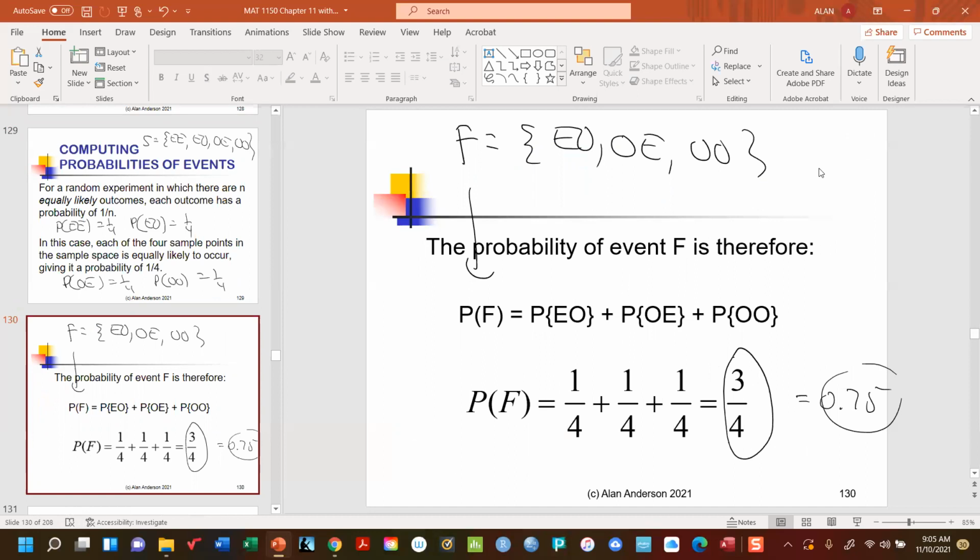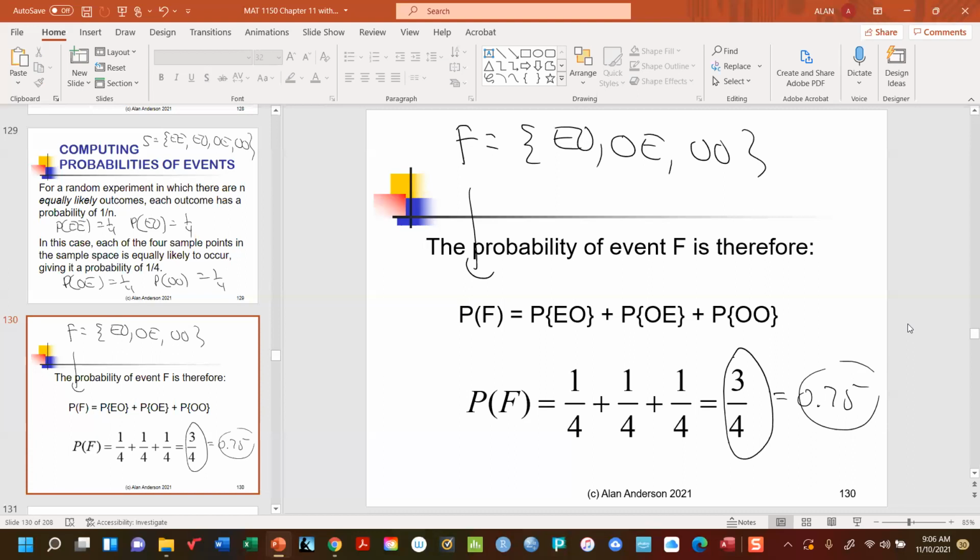So we combine all those probabilities and we come up with 3/4 or 0.75. Now that seems pretty straightforward, and you can always use this approach to calculate any probability that you might need.